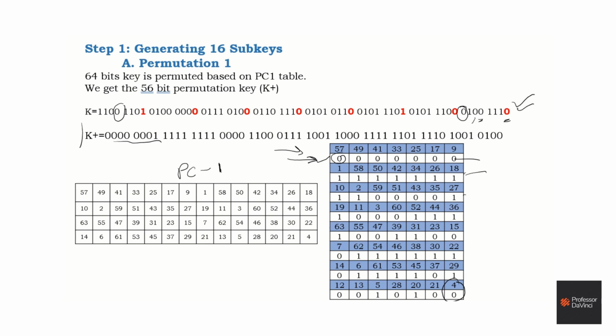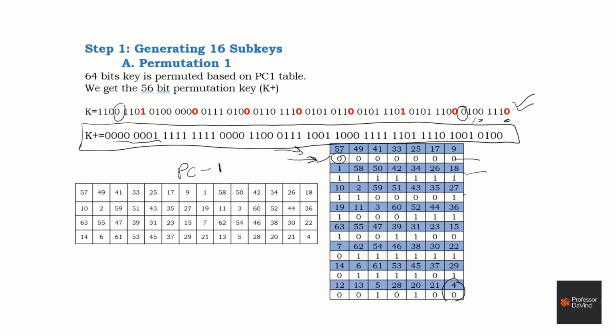Whatever resulting bits we get from permutation table 1 is termed K plus. So this K plus has a 56-bit key.